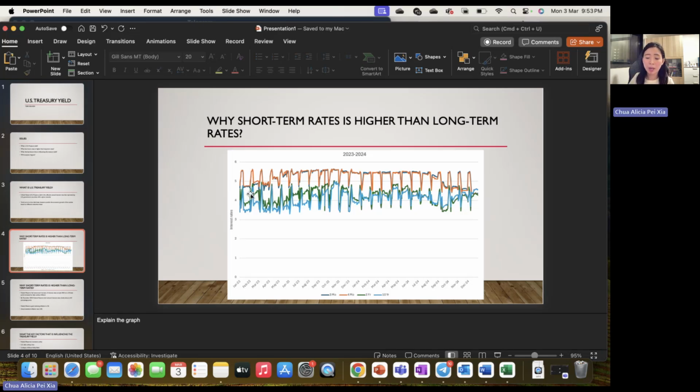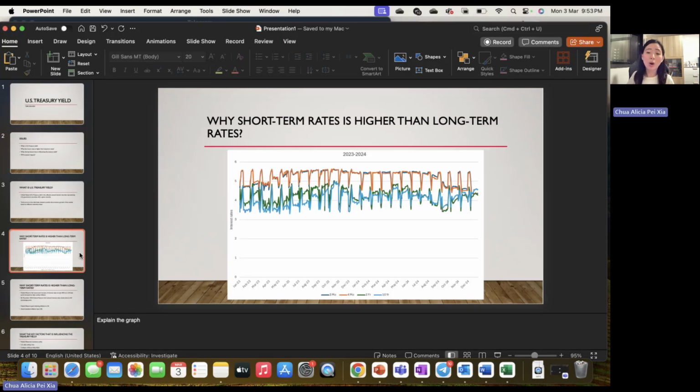But as you can look at the 10-year and 3-year, the 10-year being the light blue one, and the green being the 3-year. As you can see, the 3-year, being the shorter term compared to the 10-year, is actually higher than the 10-year rates.